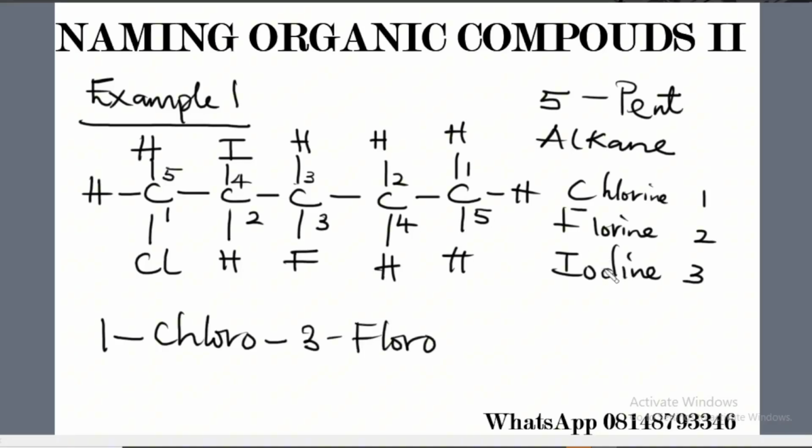And then the 3rd substituent, which is iodine, where does it fall? It falls at the 2nd carbon. Remember, we are using the lower numbering. So it is 2-iodo, and then the name of the longest carbon chain, which is pentane.